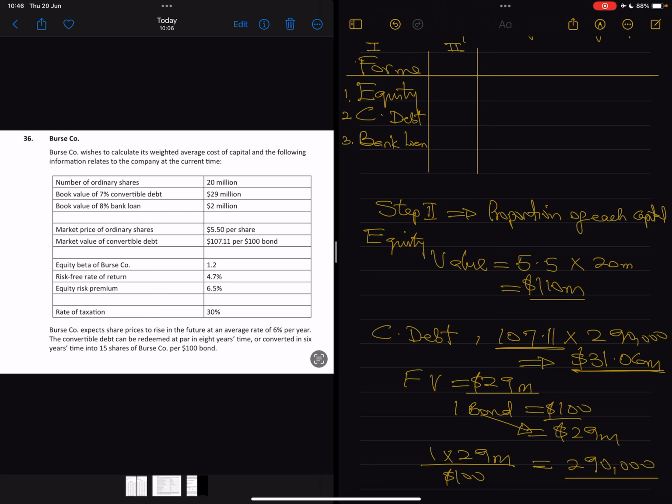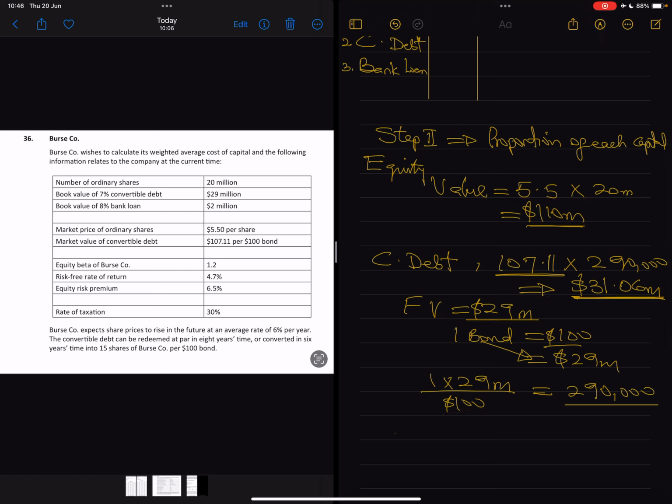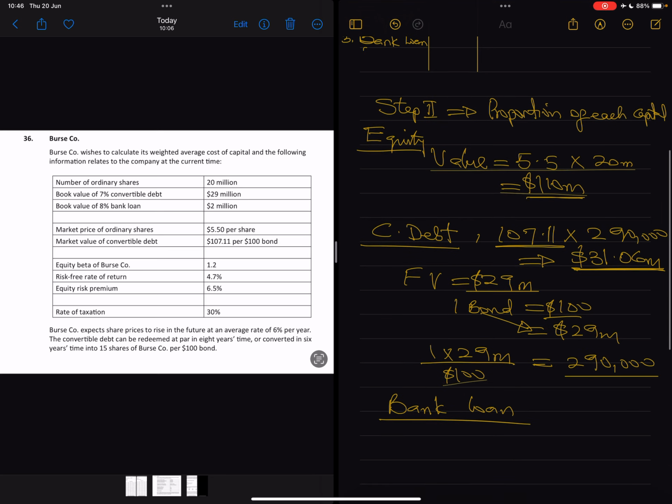So going back to what we're doing, we've gotten the value of equity now, we've gotten the value of debt. Now there's a third one, bank loan. So we need the value of bank loan as well. So for bank loan, please note that there is no market value for bank loan.